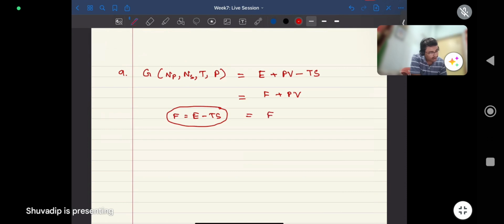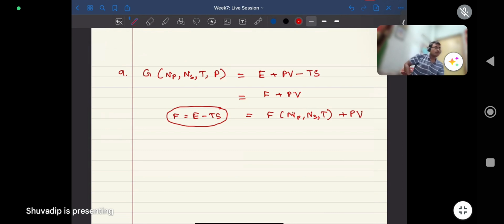F in general is a function of N, V and T, but if it is incompressible, the volume is not changing anymore. So in T, N is of two types, so in P it is Ns plus Np.